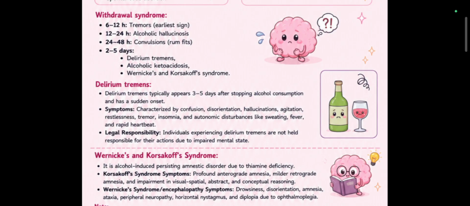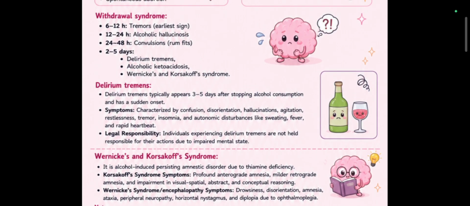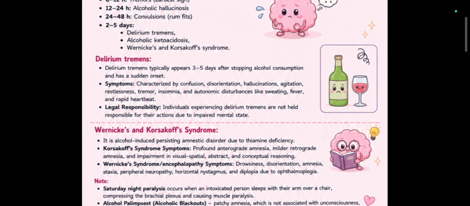Individuals experiencing delirium tremens are not held responsible for their actions due to impaired mental state. According to law, these people are not held liable for whatever they do, because delirium tremens is considered acute insanity. Remember that it occurs after 2 to 5 days.